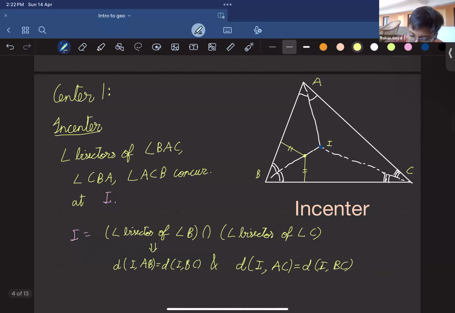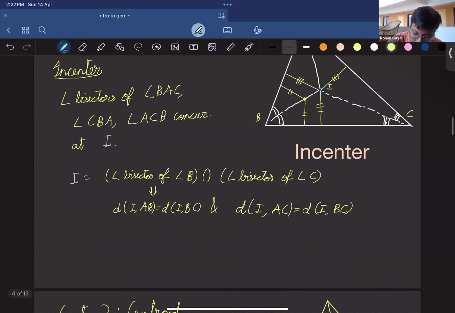So at I, we get to know that since it's on the angle bisector of B and C, we have this length is equal to this length, but also this length is equal to I. So we get that the distance of I to AB is equal to the distance of I to AC. And that would mean that I is on the angle bisector of angle A. Does that make sense?